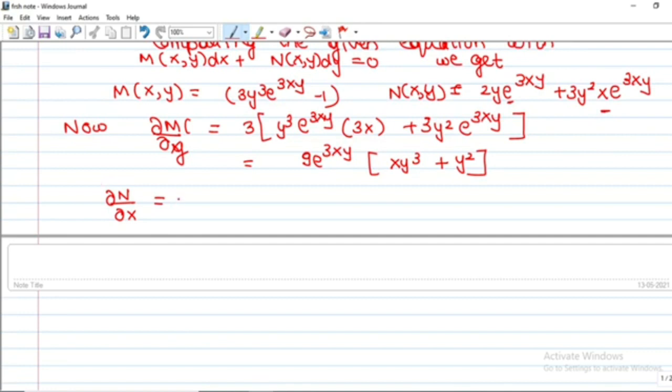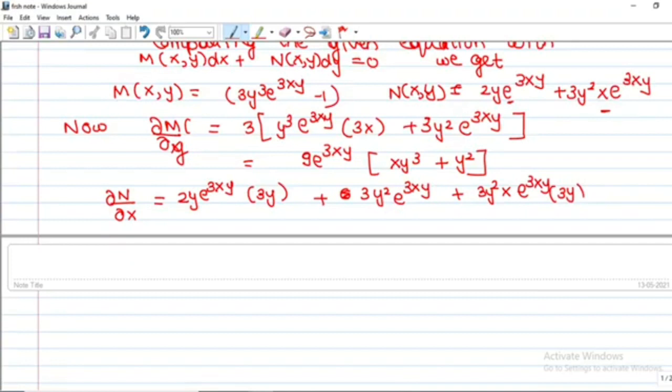First, 2y e^(3xy) into 3y. Next we take the y term, which gives me 3y². If we differentiate x, this term will be gone and I will be left with 3xy. But if I differentiate next with respect to e^(3xy), I am going to get 3y left.